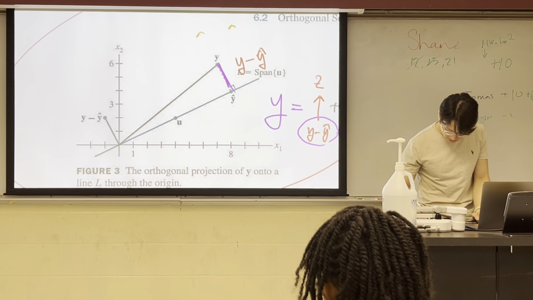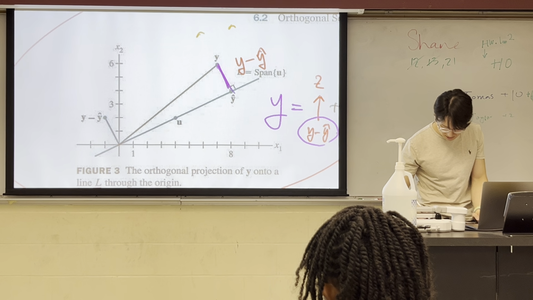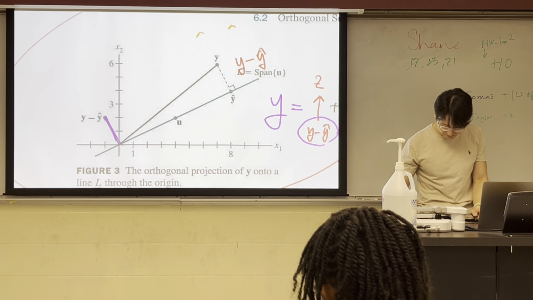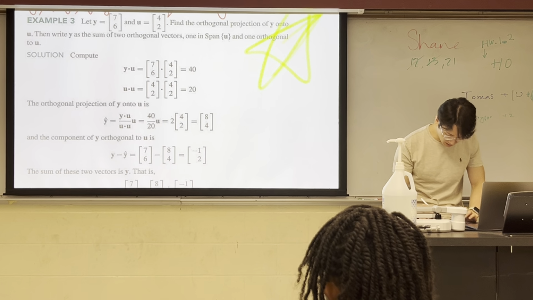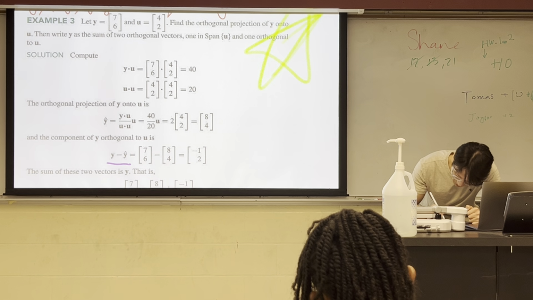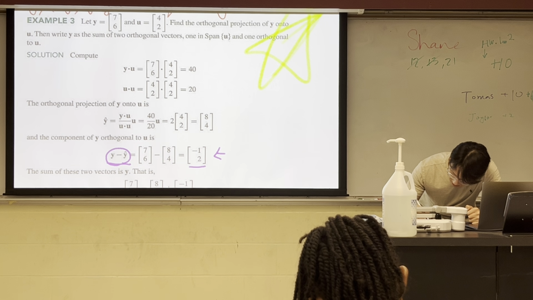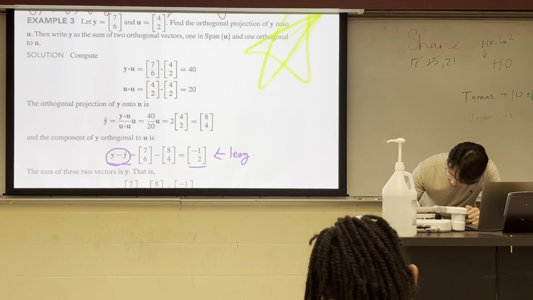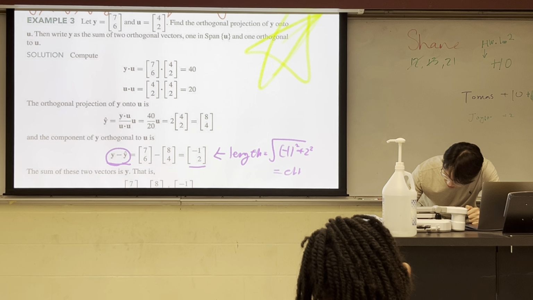If I ask you to also find the error of y hat, then you should compute y minus y hat, and then the length is the square root of minus 1 squared plus 2 squared, and that will be the error of y.